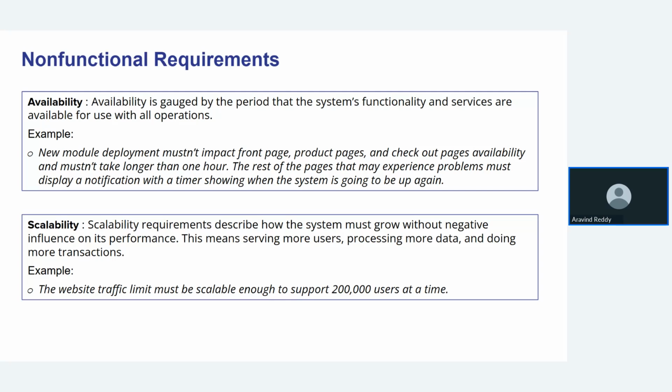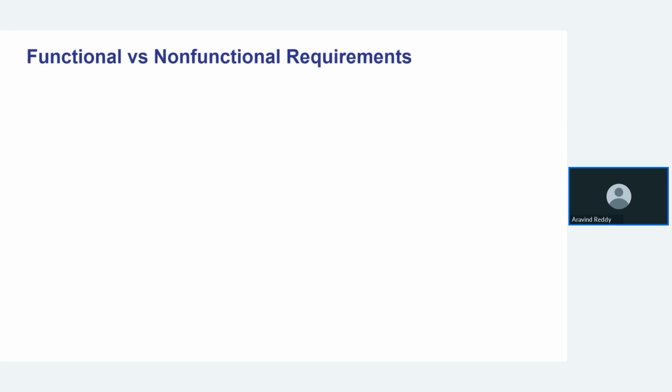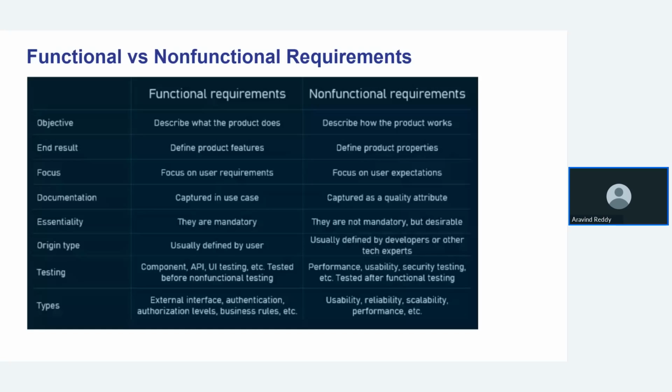Okay. So this is how companies will follow it, and while working on the project, you need to analyze this. Okay. So this is the difference between functional and non-functional requirements, guys. You can see here the functional requirements. What a functional requirement does is describe what the product does.